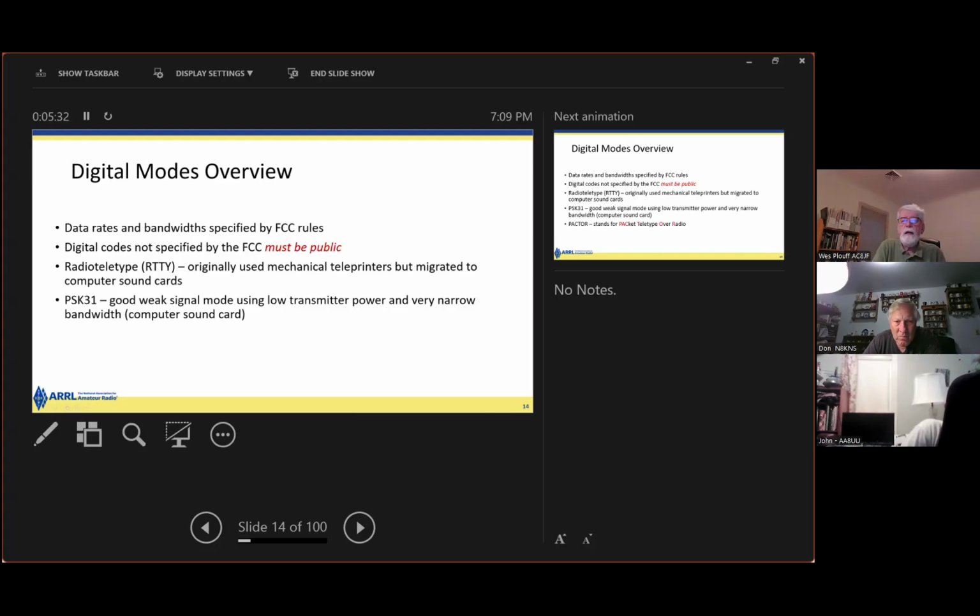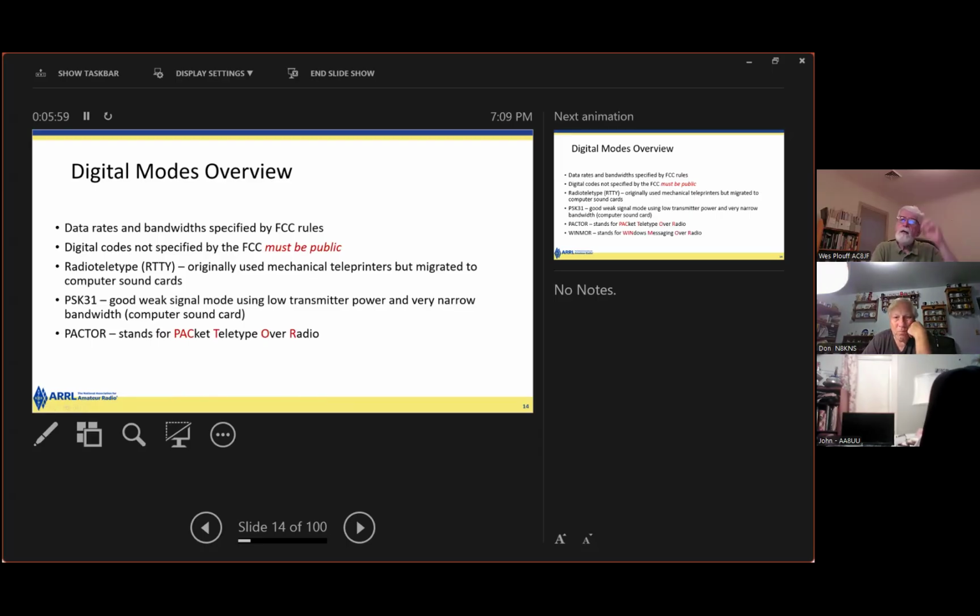PSK31 is a common mode that's used for conversation. It's a text mode. It's fast enough that it is about as fast as normal typing speed, and it's also very narrow bandwidth, which makes it nice for sharing on the ham radio bands.